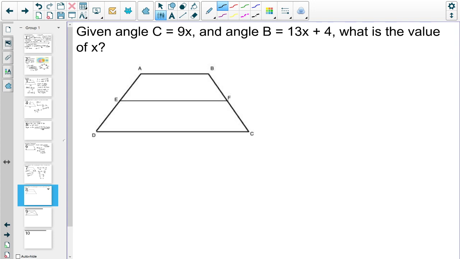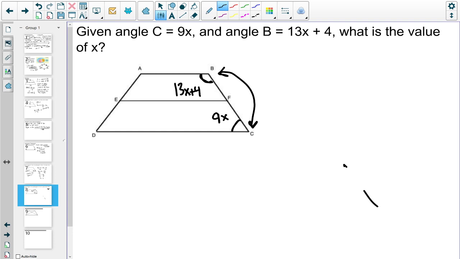So given angle C equals 9x, angle B equals 13x plus 4, what is the value of x? Now this one you have to recall what we've said near the beginning. What do we know about these two angles?